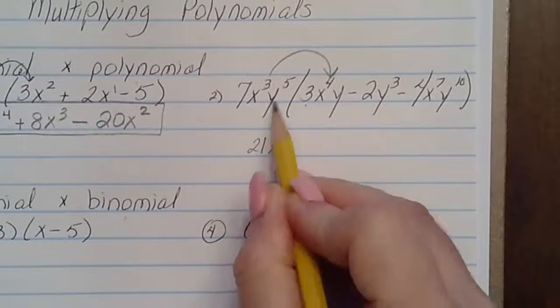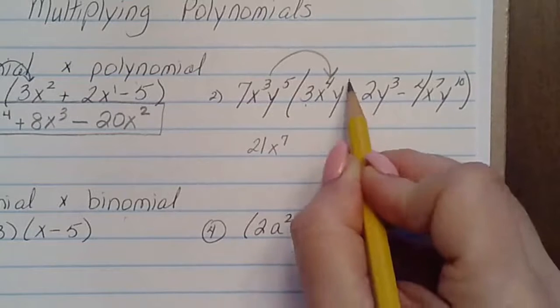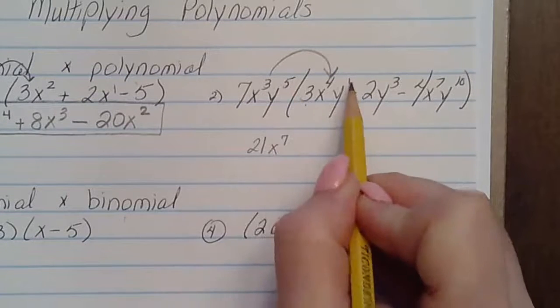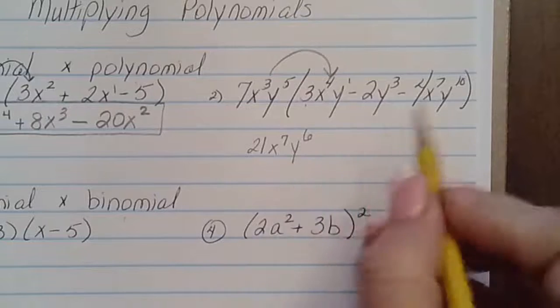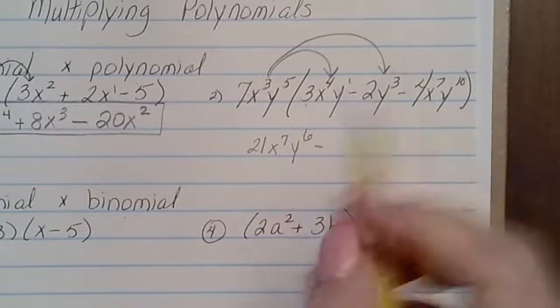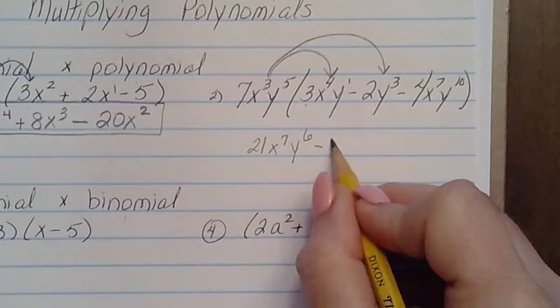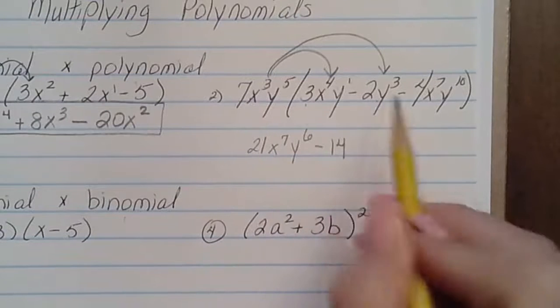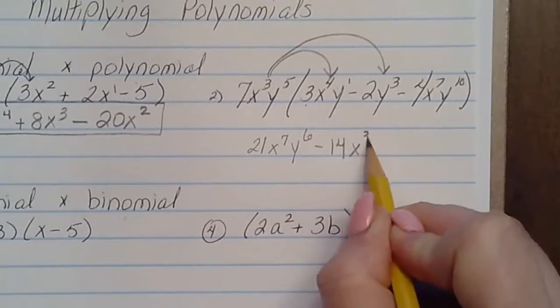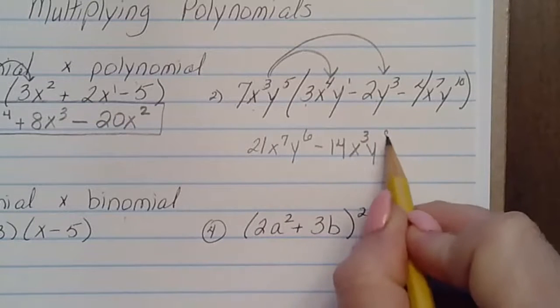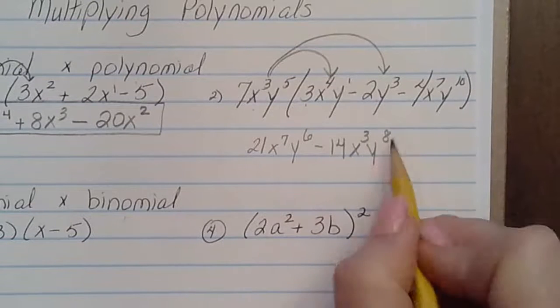All about distributing again. x times x, x squared. And now I'm going to distribute this number all over here. Come back and I'm going to distribute this number, which is a negative 3. So when I distribute here, it's negative times a positive.